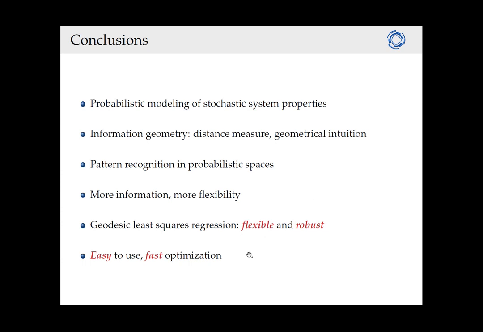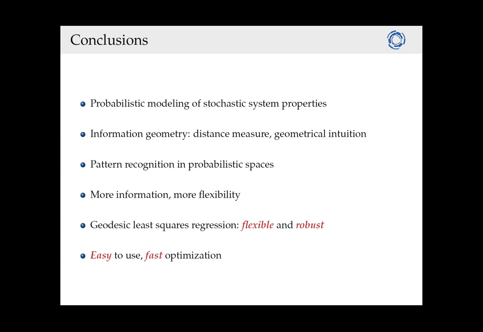The other extremely important advantage is that it is an easy to use and also a fast method, and especially the fact that it is an easy method that copes with a lot of issues in regression analysis for general purpose regression in practical applications. It copes with all these issues and nevertheless is still easy to use.